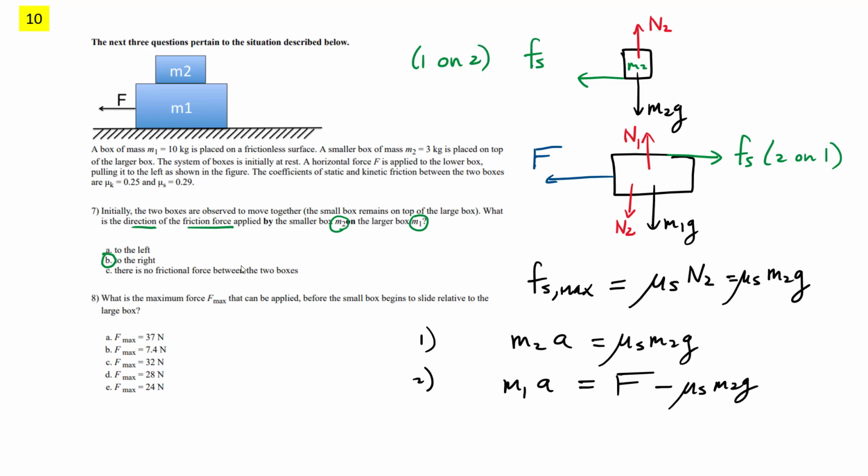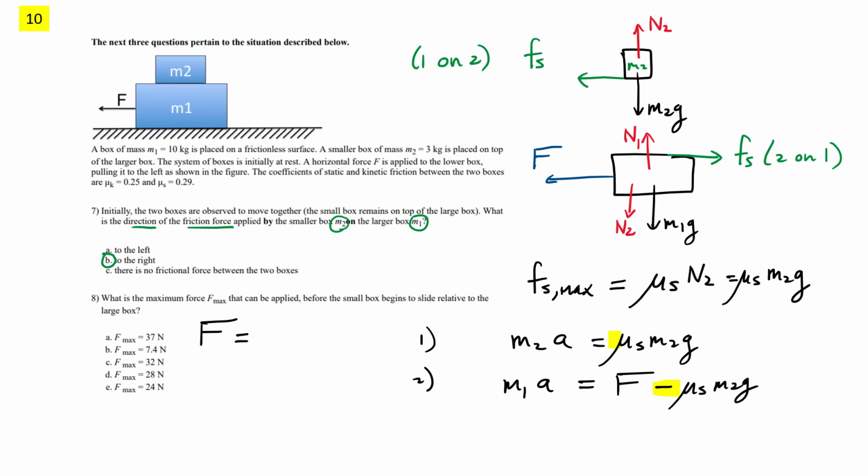What you can do is, for example, let's just do a little bit of math here. If I add up both of these equations, what I'm going to get is this force F, which is equal to, again, all of these friction terms are going to cancel, because in the top equation I have plus mu s m2g, in the bottom one I have minus the same term.